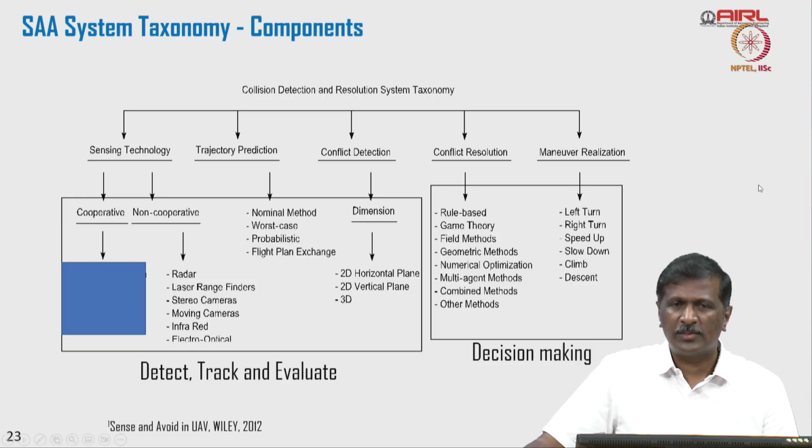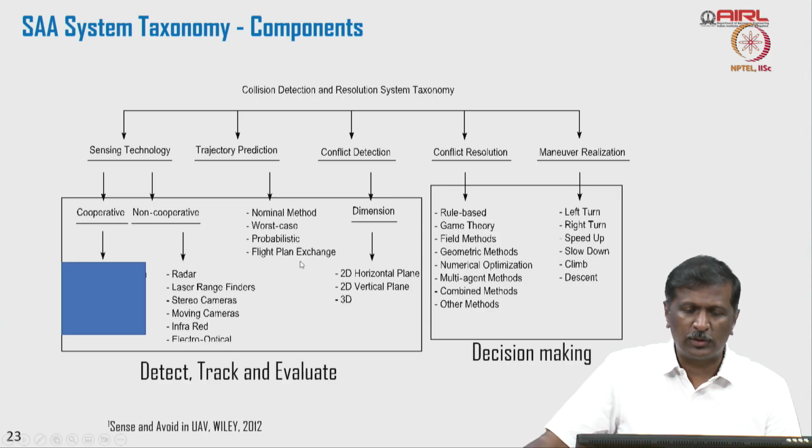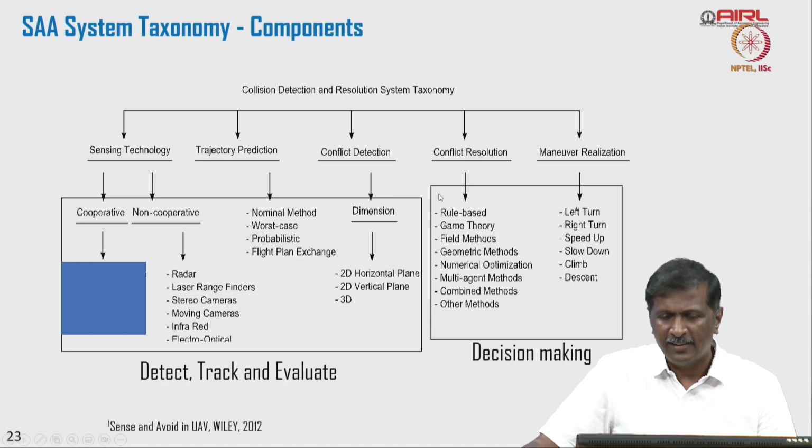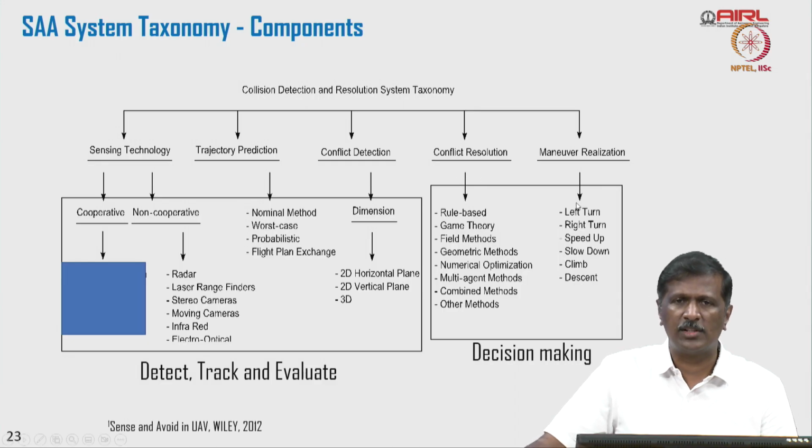For this course, we are not going to look at cooperative targets, we are going to leave them out. We are going to only look at the non-cooperative targets. And I am not going to go through all the methods for trajectory prediction, conflict detection and conflict resolution. We will take at least one of the classical approaches and we will discuss how this can be implemented.